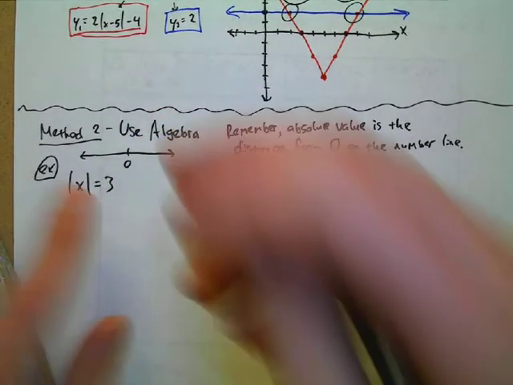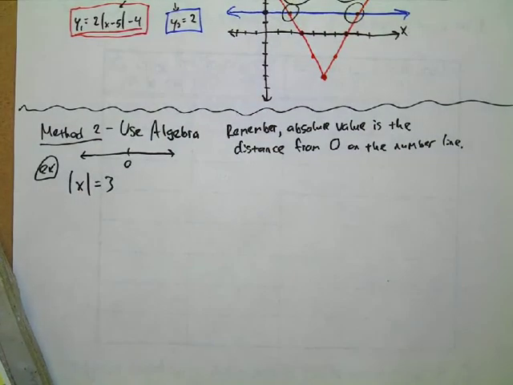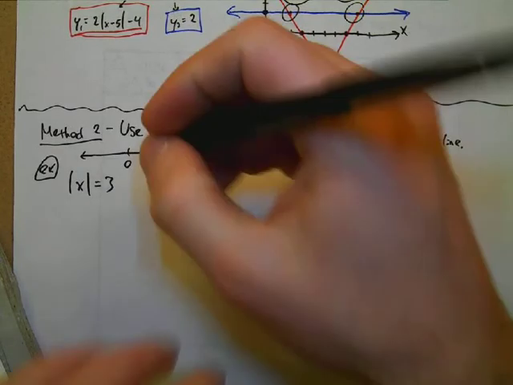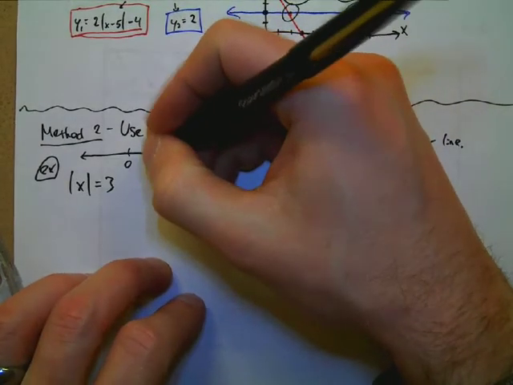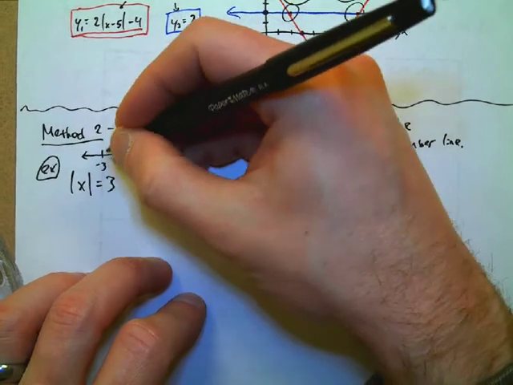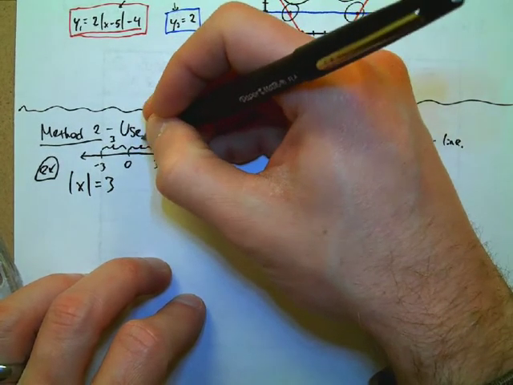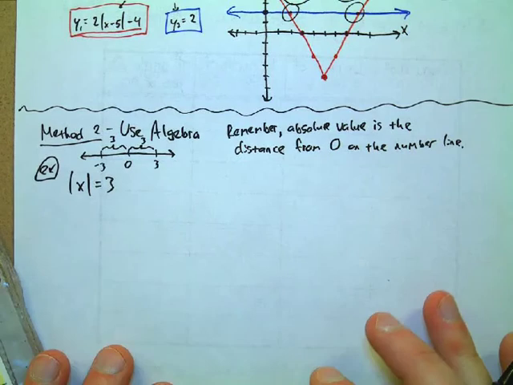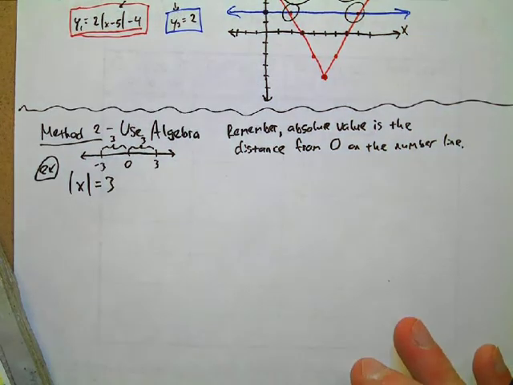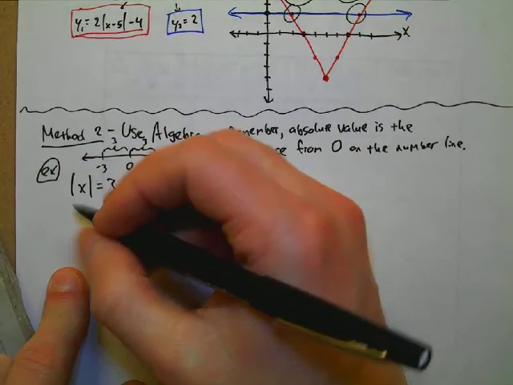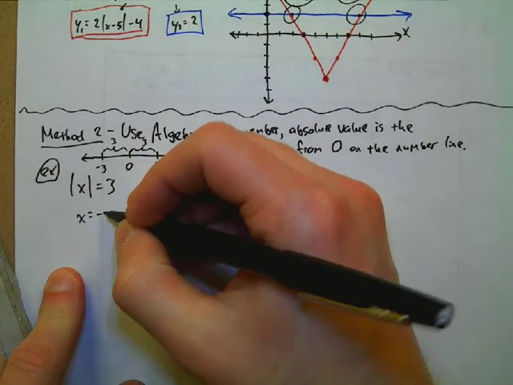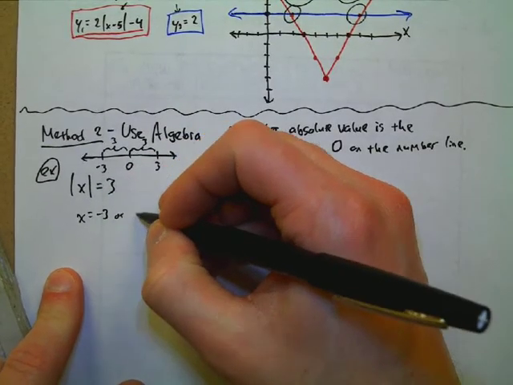What numbers on the number line are 3 units away from 0? 3 and negative 3. They're both 3 units away from 0. So the answer to this equation is that x could be -3 or x could be 3.